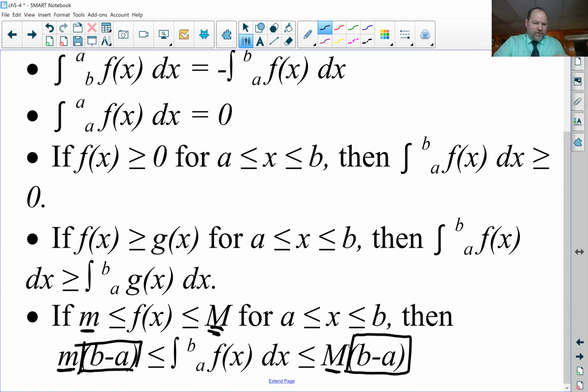So the value of the integral, if you think about it in terms of area, which is one of the ways to think about integrals, what it's saying is the area under f of x is between the area of the rectangle formed by the minimum value of that function and the area of the rectangle formed by the maximum value of that function.